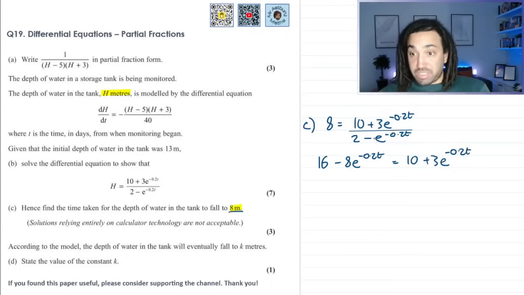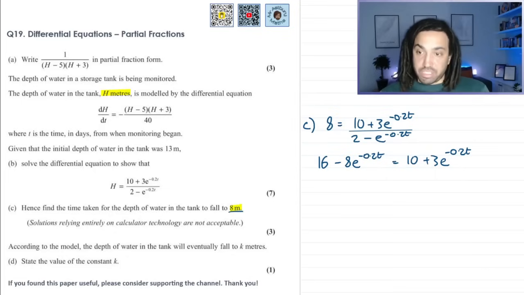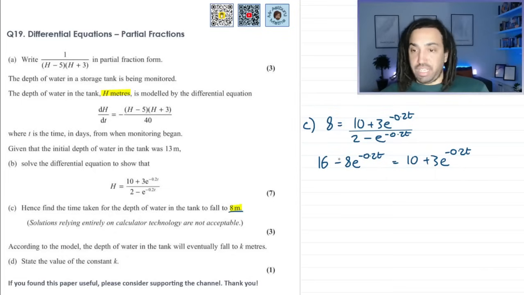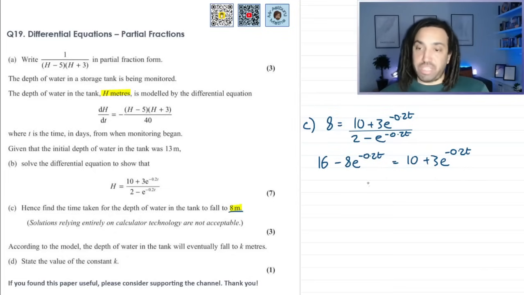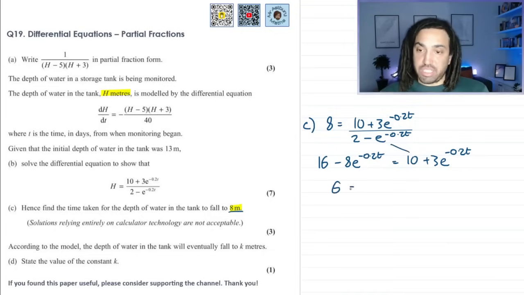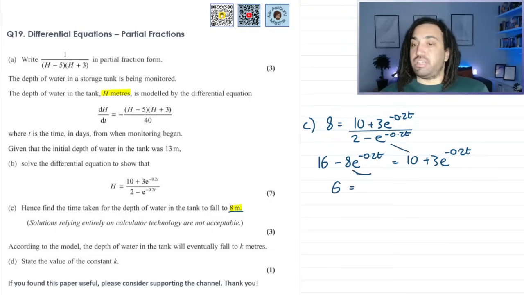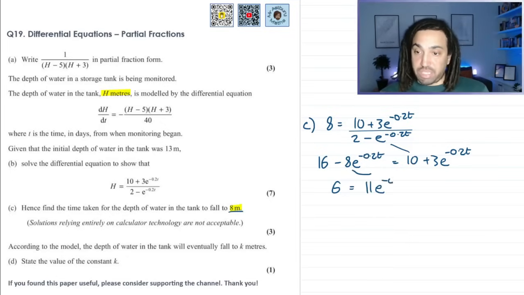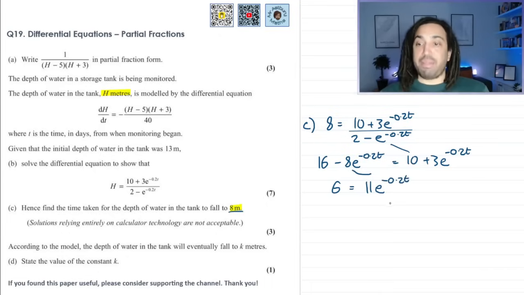So just take the denominator, multiply it by 8. So multiply it up to this side over here, and then we can get all the e's on one side. So minus the 10, which gives us just 6. Add the 8 e to the minus 0.2t, which gives us 11e to the minus 0.2t.